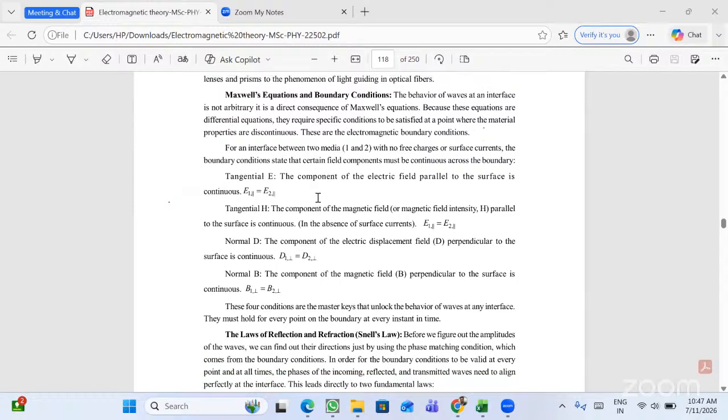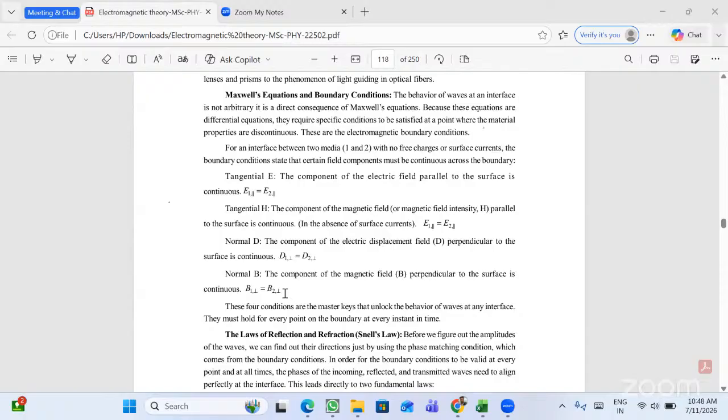Here, the four boundary conditions we have are for E, B, D. One is the parallel component, that is E1 parallel is equal to E2 parallel, as well as D1 normal is equal to D2 normal, and B1 normal is equal to B2 normal.